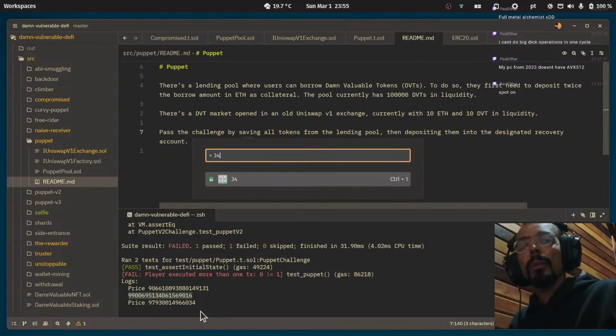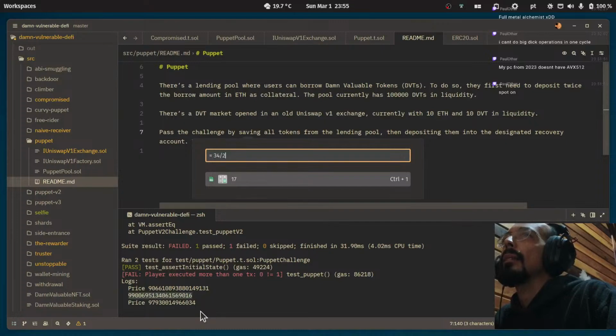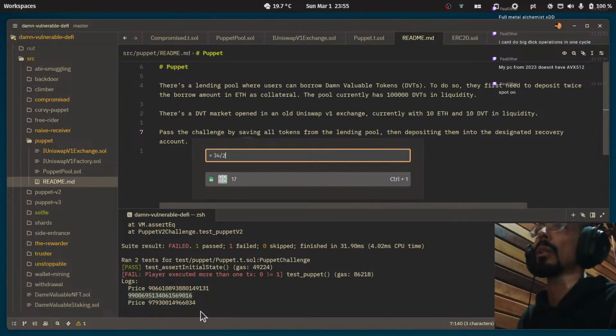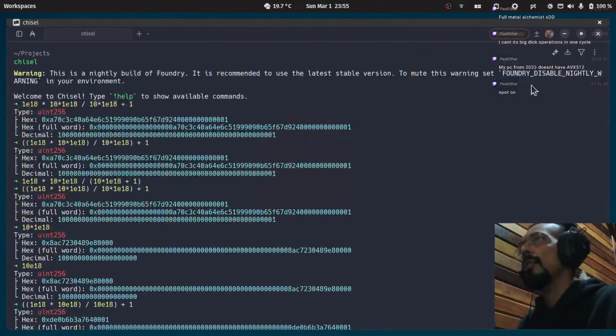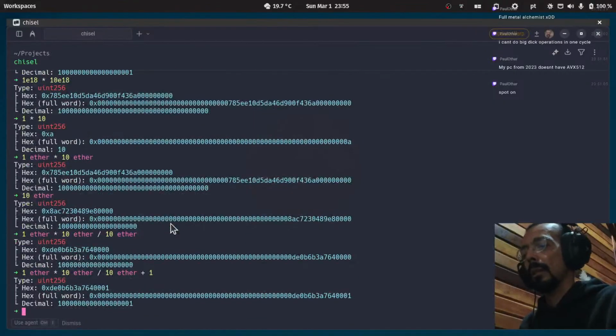I need to deposit twice, so I can just take this. If that's 1 per 1, but that's not 1 per 1 anymore, right? Because now the price for this is this number that I don't know how much it is, but we have chisel here. Chisel, it's like a Python REPL for Solidity.